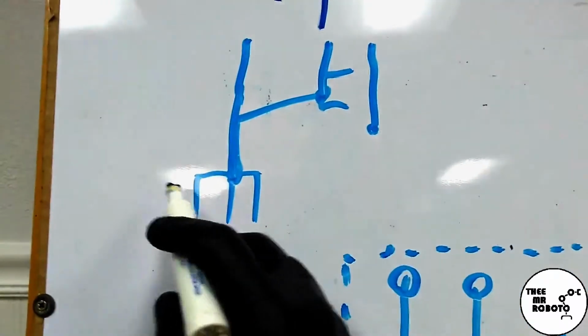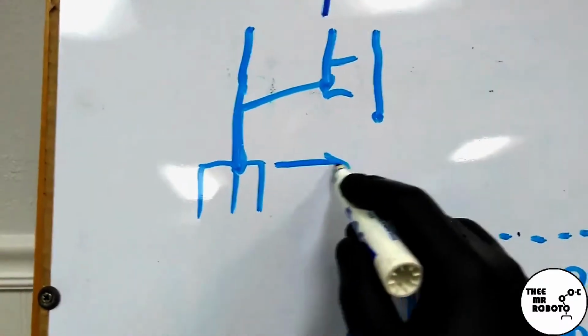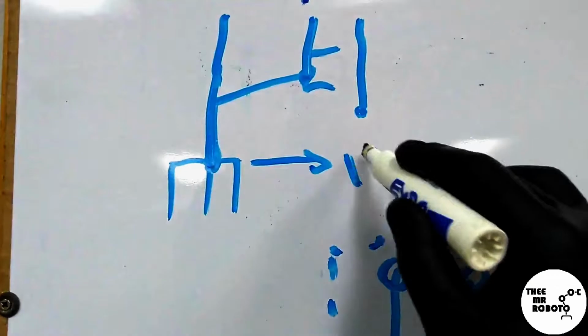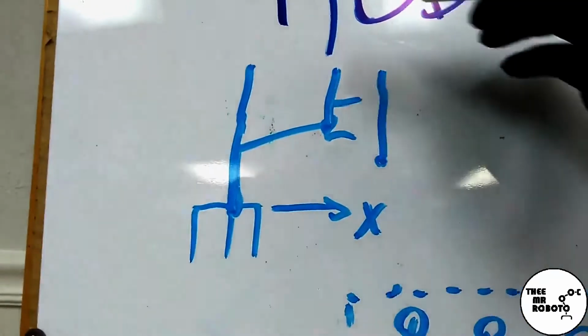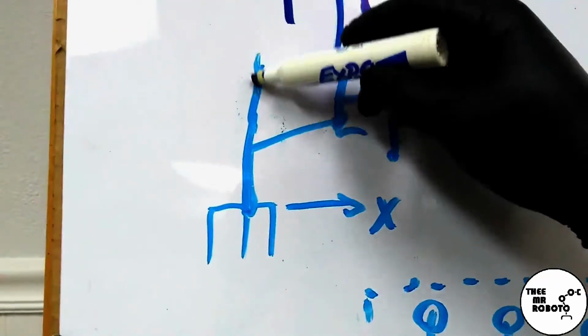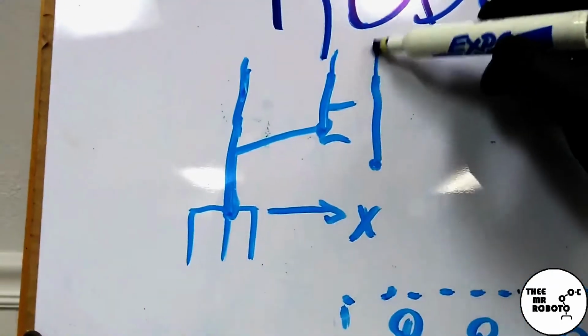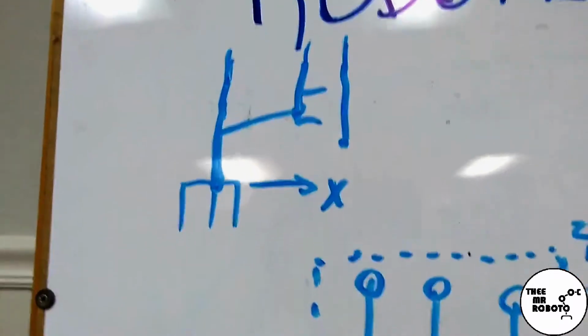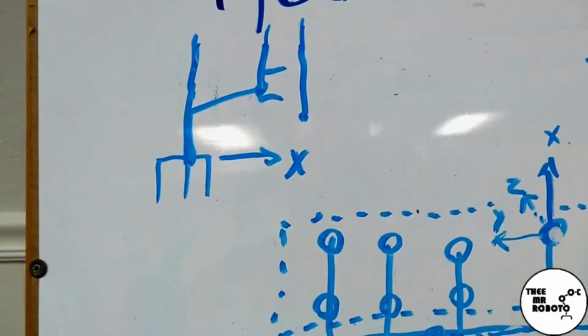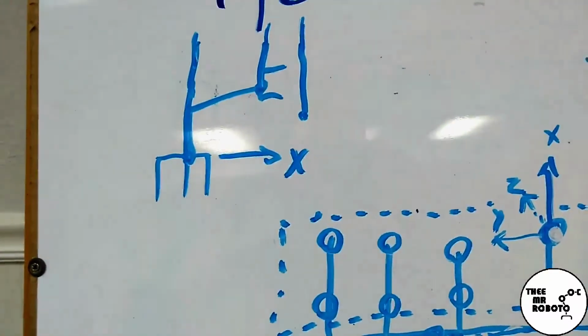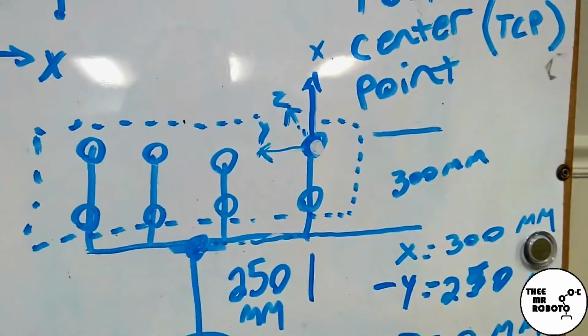So let's assume that x is in this direction. Your x dimension that would show up on your teach pendant would say this number plus this number plus this number, all right? And the same thing in the y and the z direction. So that is a tool center point.